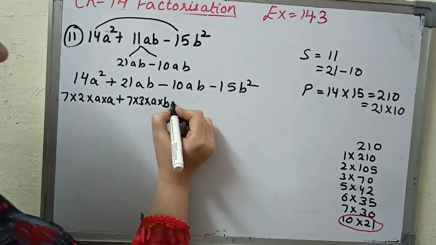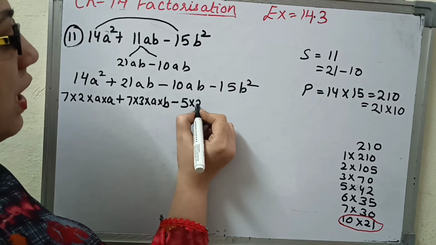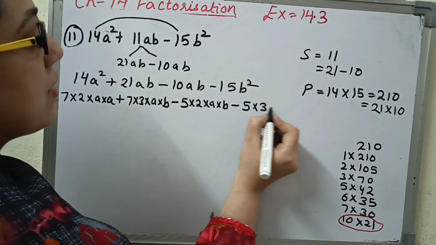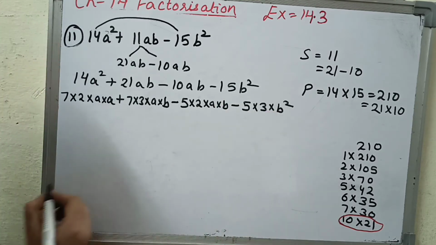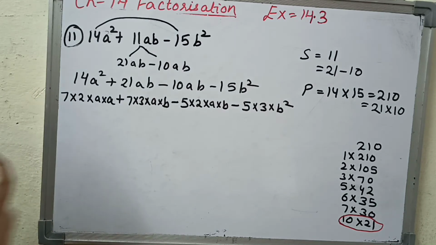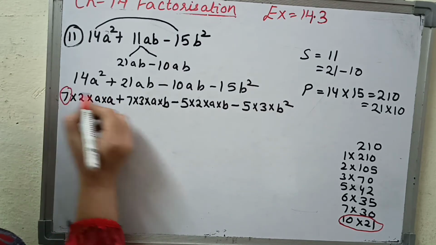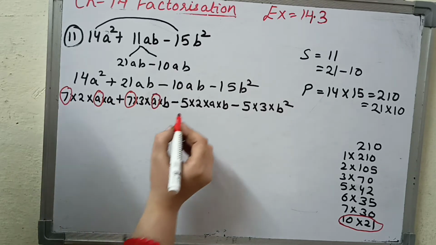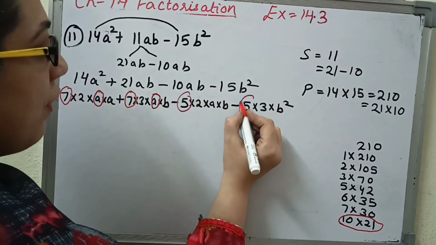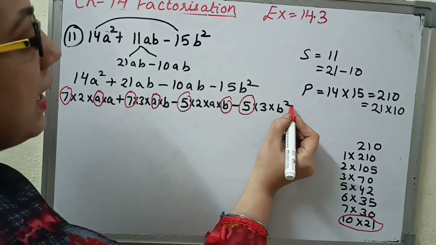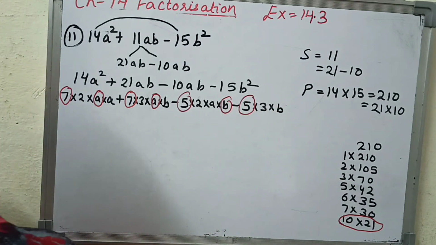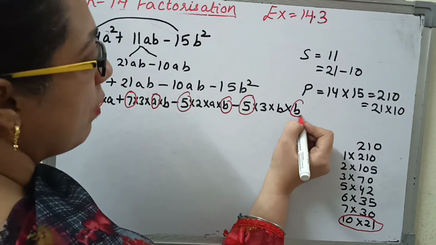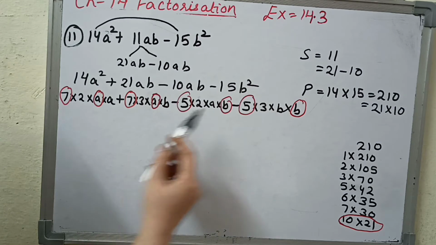Minus 10ab can be written as 5 into 2 into a into b, and 15b square can be written as 5 into 3 into b square. Now from the first two terms, 7 is common, and a is common. And from the third and fourth terms, 5 is common and b is also common. B square I can write as b into b, so we can take b common from the third and fourth terms.